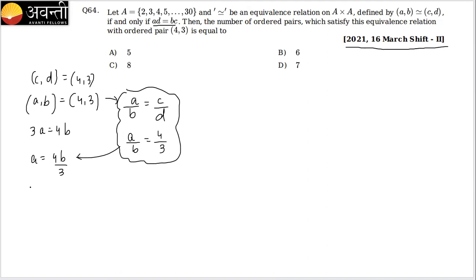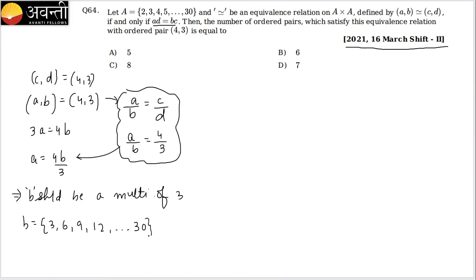So this means that B should be a multiple of 3. Then only the 3 and 3 will get cancelled and we will get an integer. Got it? So B can be 3, 6, 9, 12, and so on, say up to 30. We can take anything, but you will get the reason why I took 30.